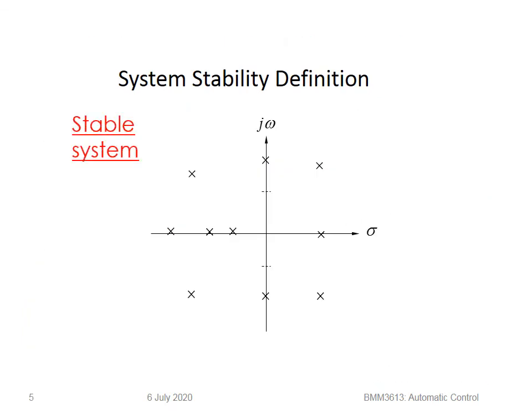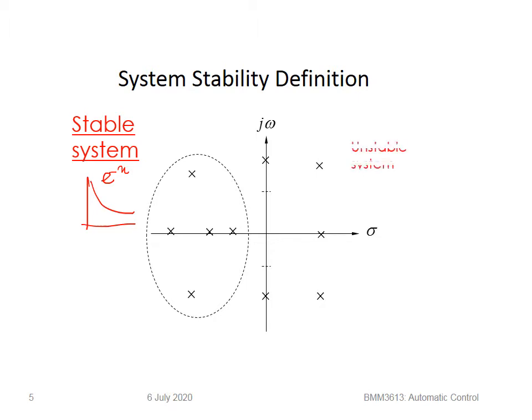So if we summarize a bit, if all your poles are on the left hand side, you'll have a stable system because you have a decay of negative exponential. But if you have poles on the right half plane, your system is unstable because you have a positive decay, and the exponential keeps on growing. That's basically the deciding parameter on whether a system is stable or not.